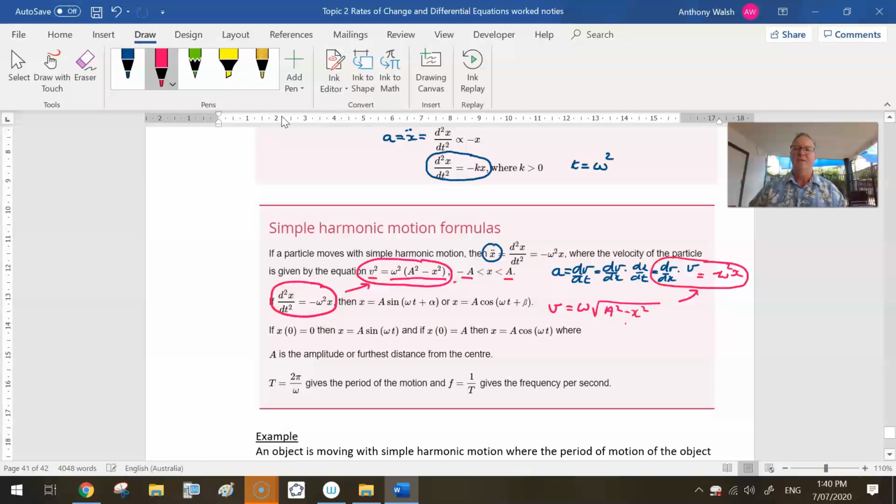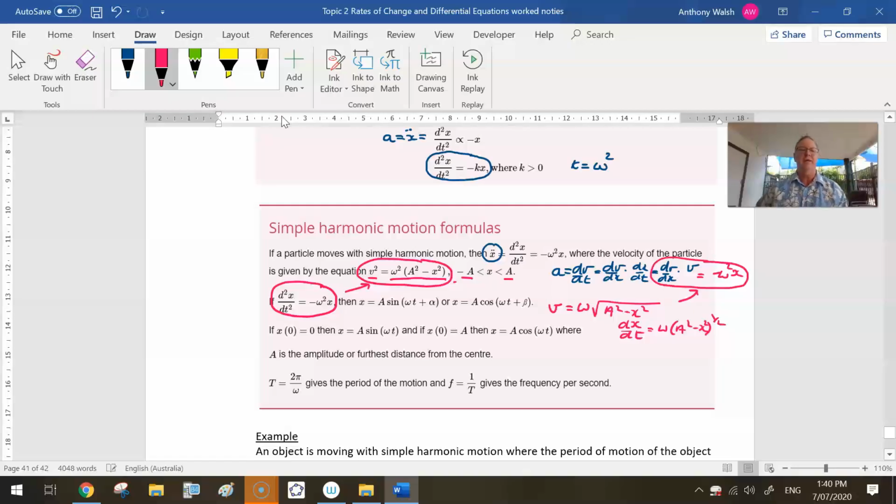Now v, of course, is dx dt. And if we're saying that's equal to omega by a squared minus x squared raised to the power half, then there's another differential equation which you can rearrange to get x in terms of t.